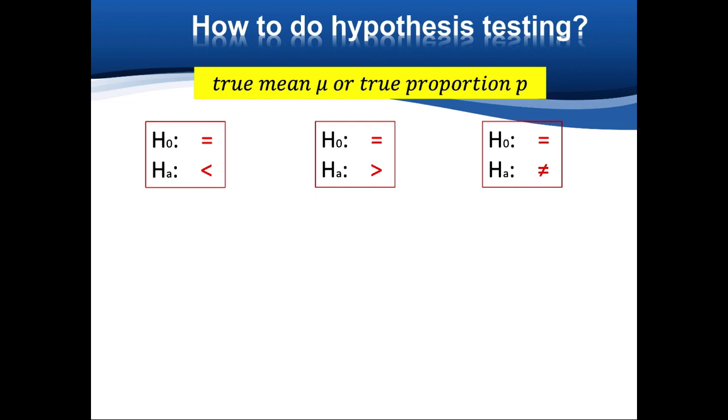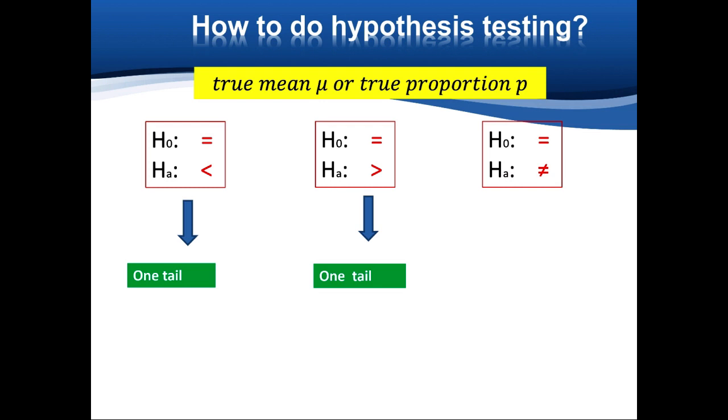For the first two cases, smaller or bigger, we say it is a one-tail problem. For the last one, not equal, it could be smaller or bigger, so we call it the two tails case. Let me show you an example.